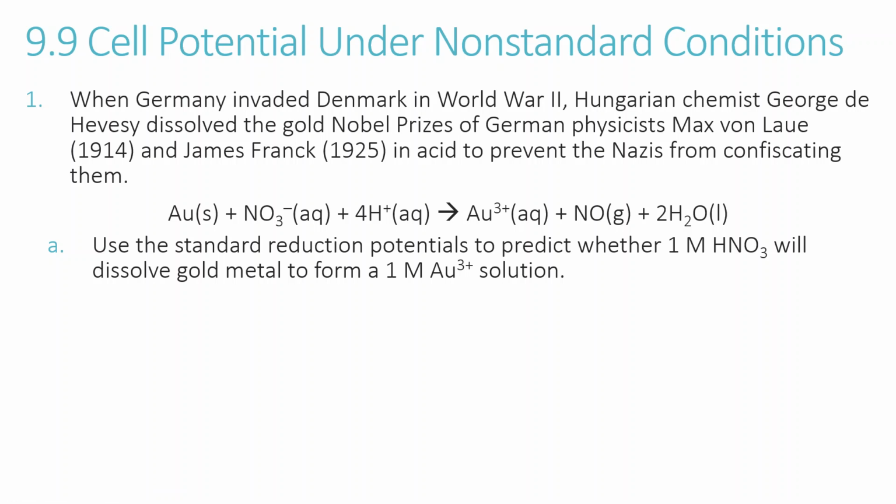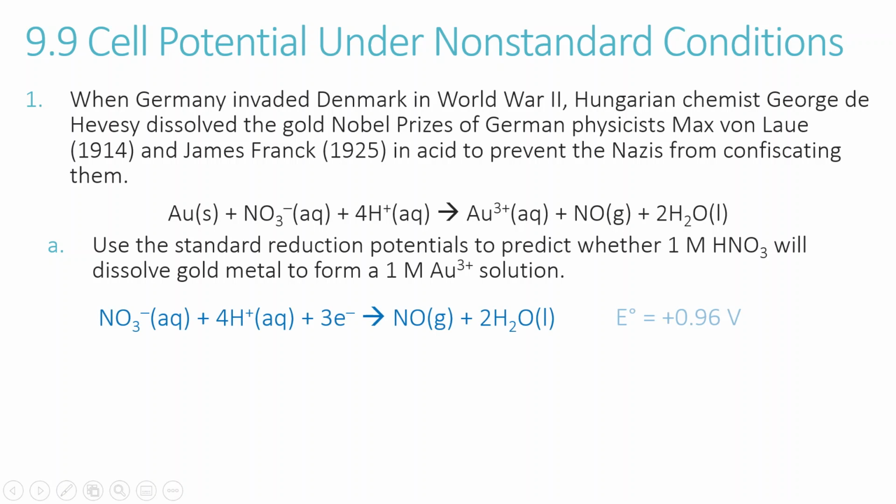So we're going to use these standard reduction potentials to predict whether or not 1 molar nitric acid is going to dissolve gold metal to form a 1 molar gold solution. If we just look at the standard half reactions here, one of these half reactions is going to run as a reduction and one will run as an oxidation.